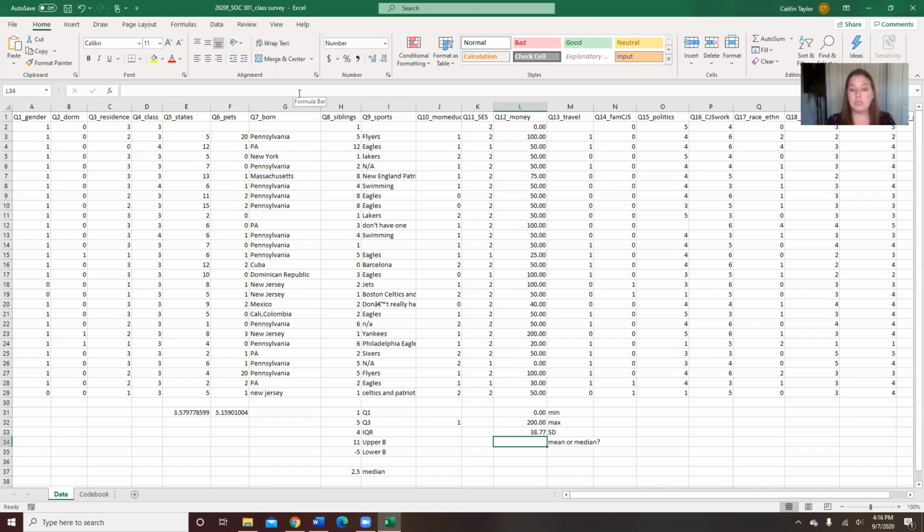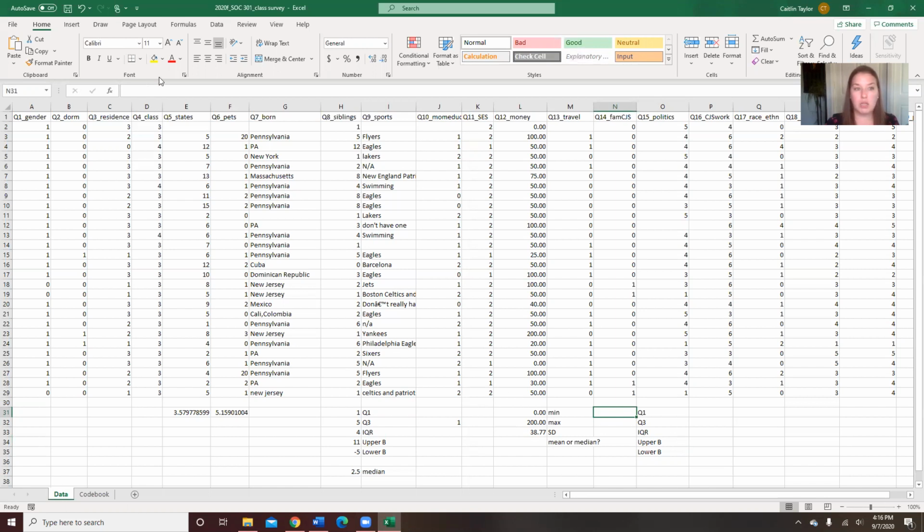Then we also need to figure out, are we using the mean or the median? We need to determine if there are outliers. So you need to go through the steps like we did before of figuring out our Q1, Q3, our IQR, our upper bound and lower bound. I'll go through this part kind of quickly because we already did this as the example with number of siblings.